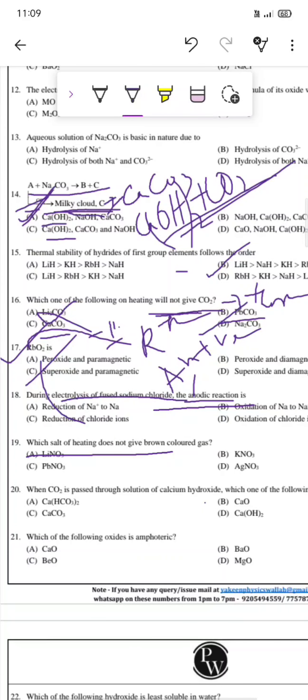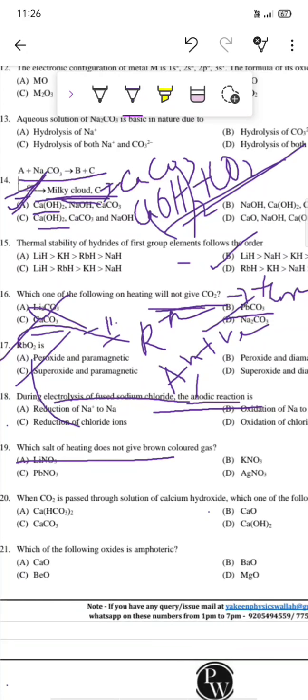It's lithium nitrate. Lithium gives oxygen. Other nitrates give NO2, but lithium is a first group element, so it gives oxygen, so no brown color. So the answer is B.